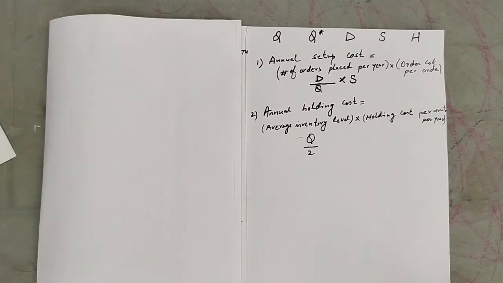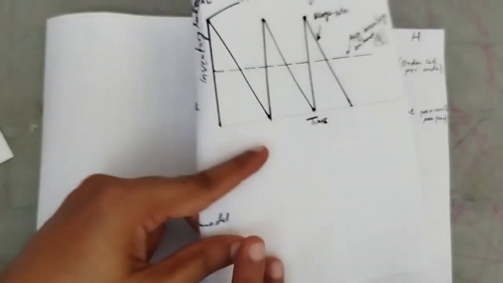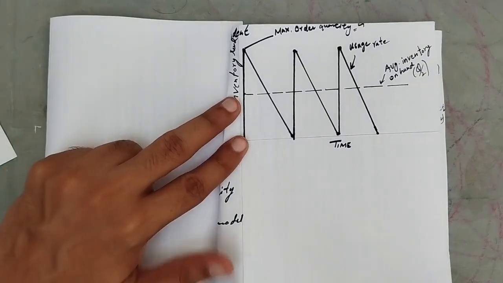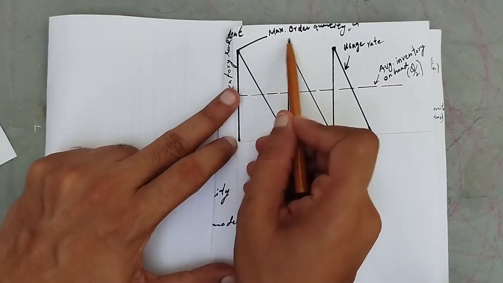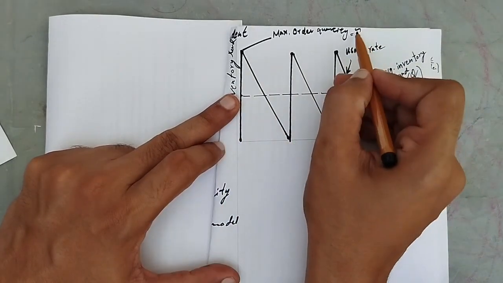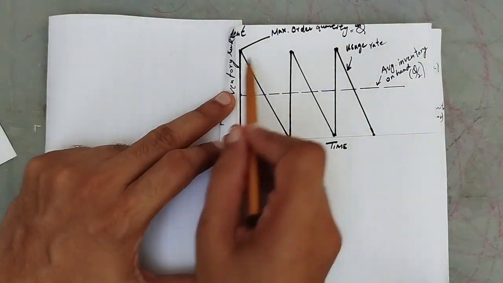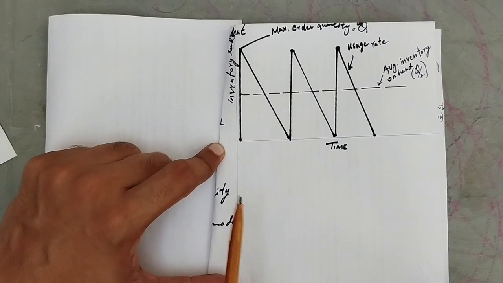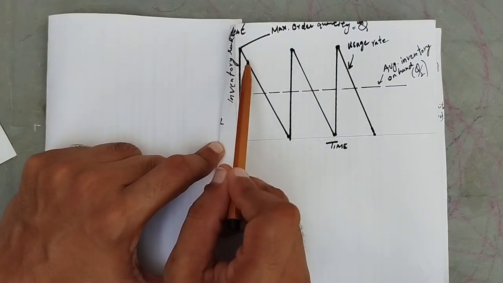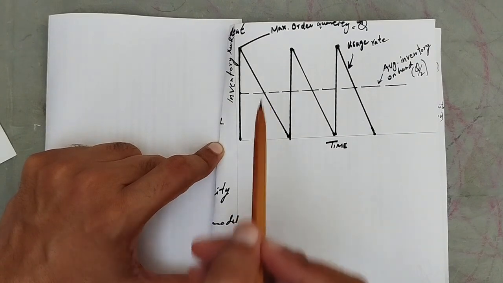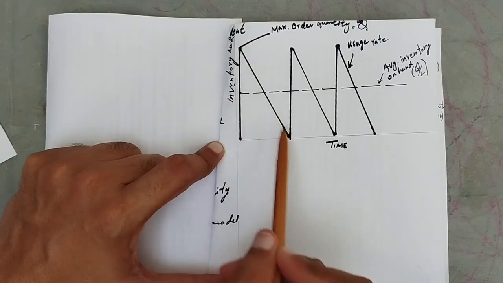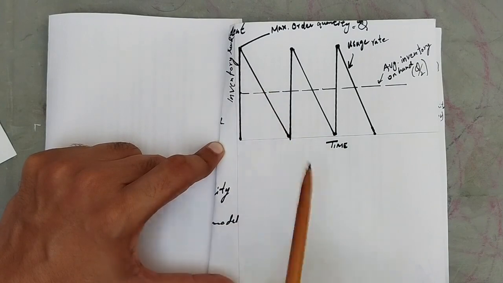So over here, let me explain this Q with the inventory level. This is the maximum order quantity, that is Q. And this is the usage, because you will be using the inventory. So you keep using it and it keeps reducing, but this is the maximum quantity.